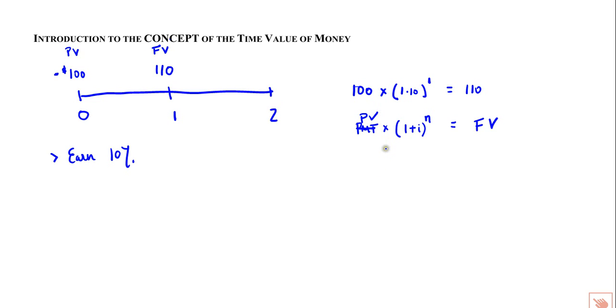So how do we rearrange this to solve for the present value? It's just the present value equals the future value times 1 over 1 plus i to the n. So this thing here will be called the present value factor.